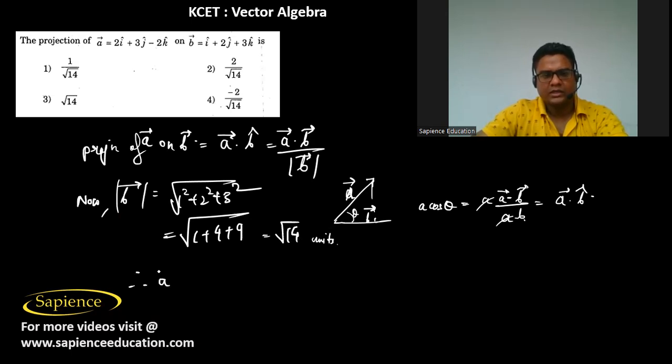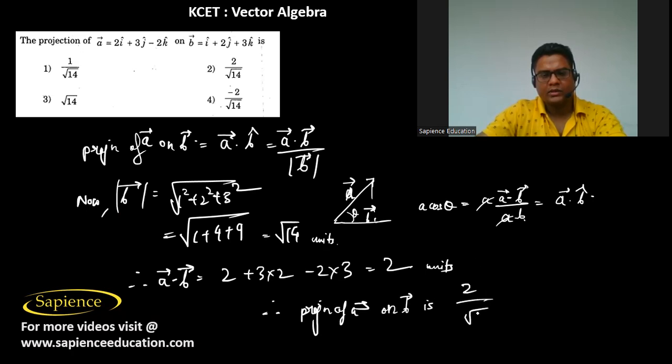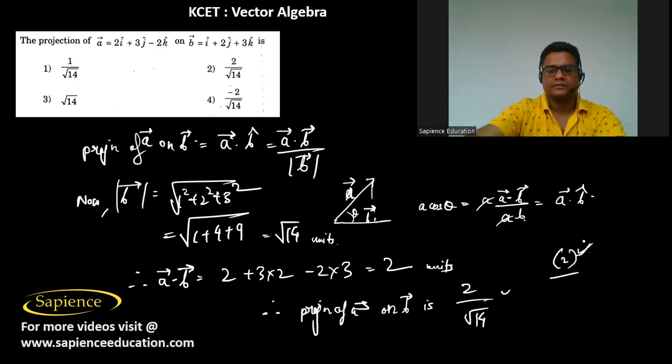And A dot B vector will be equal to 2 ones are 2, then plus 3 into 2, then minus 2 into 3, which will be 2 units. So the required projection of vector A on vector B is 2 by root 14. So option 2 is the correct answer.